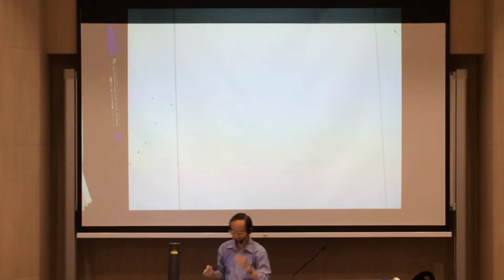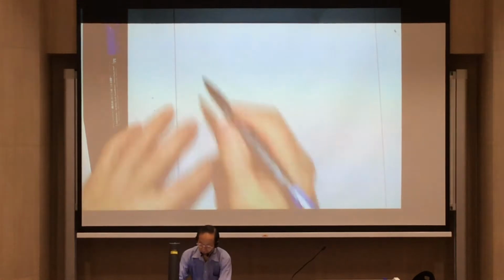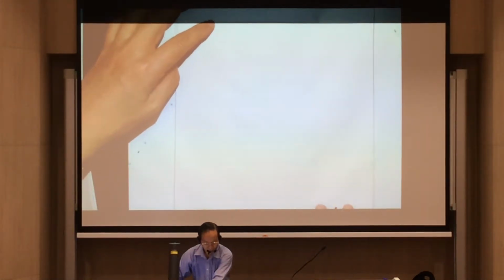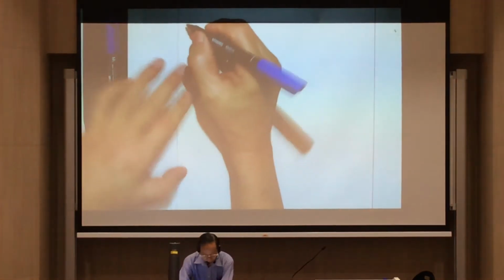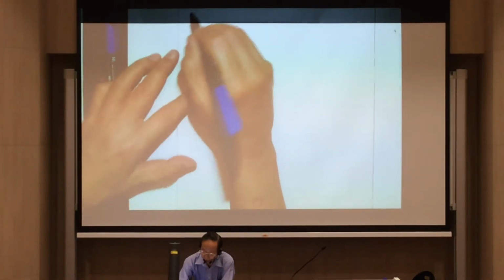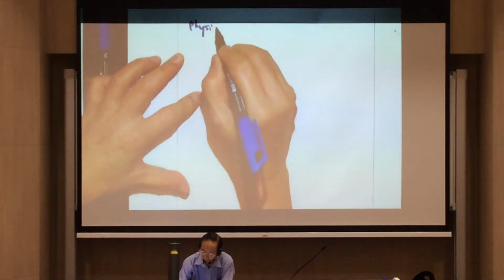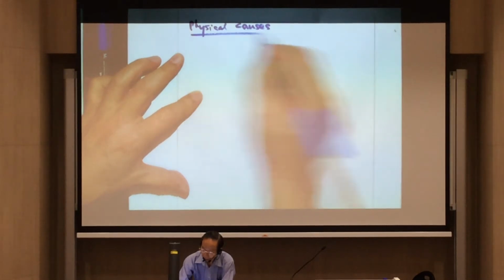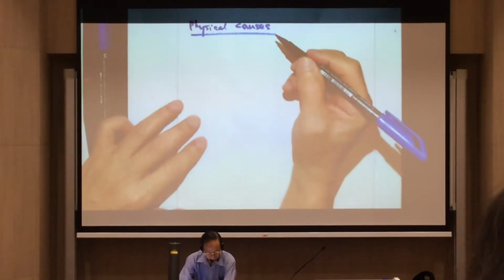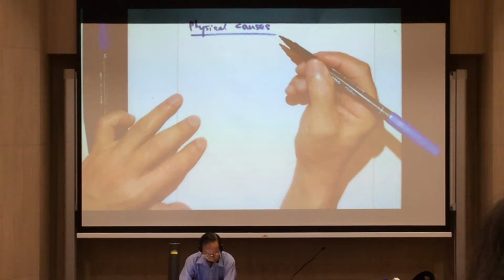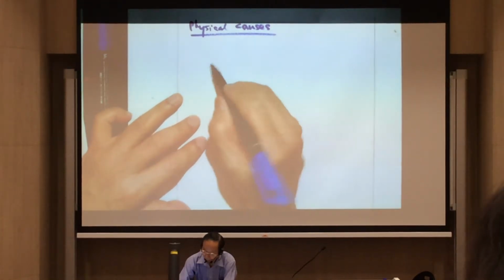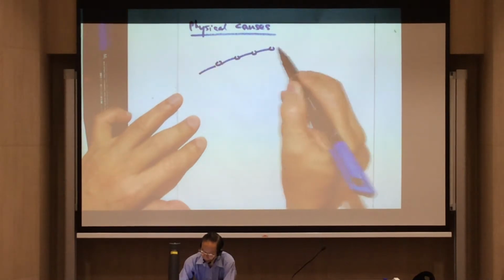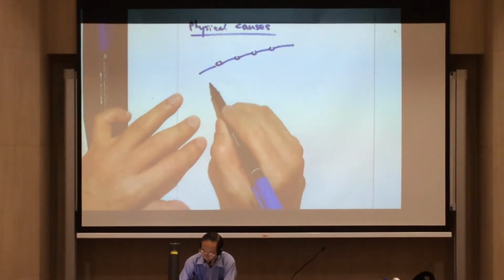Okay, so some physical causes. How to explain viscosity? Remember, all these graphs and sketches were in the notes.